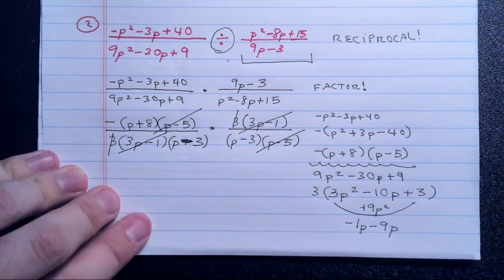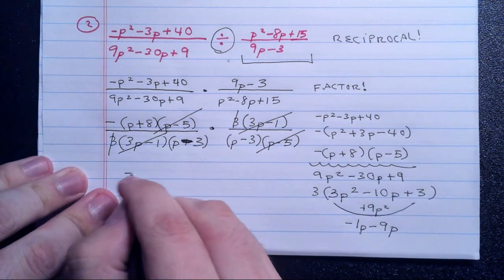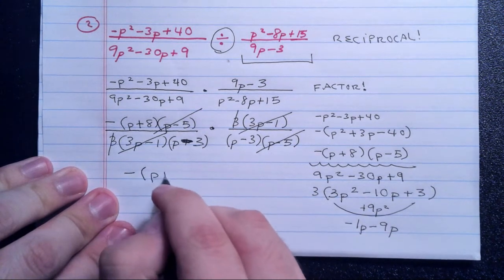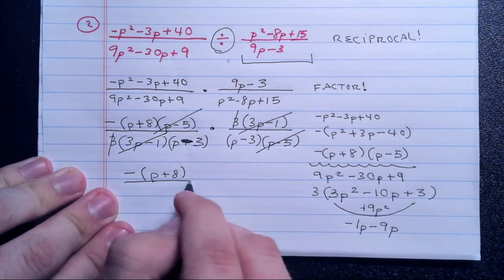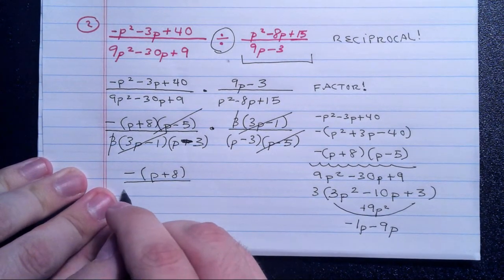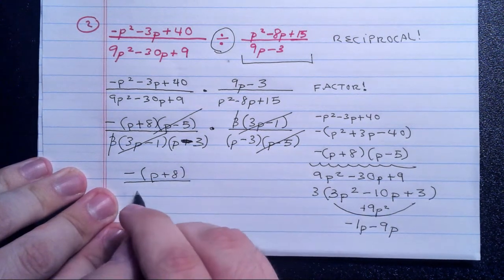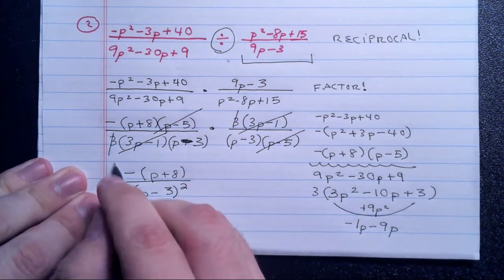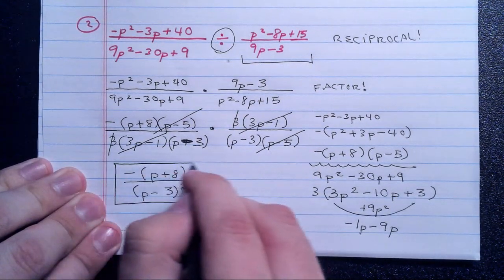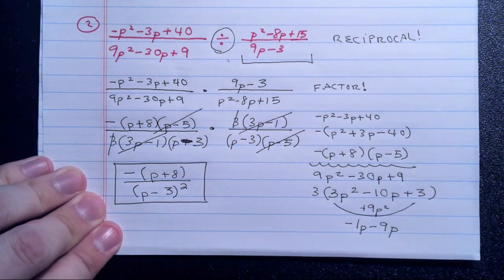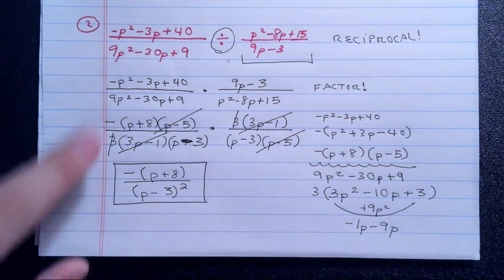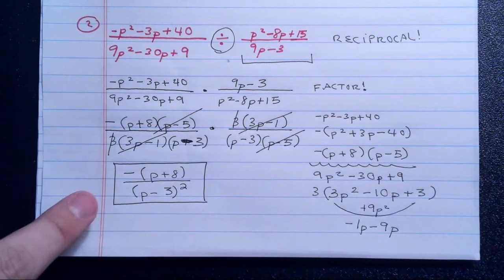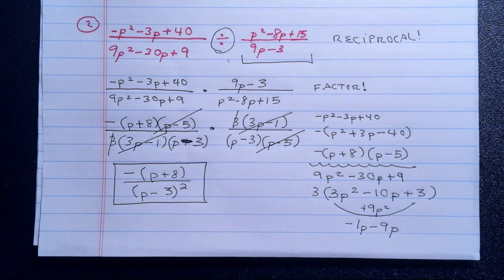Alright, so what does that leave me with? I've got negative p plus 8 in my numerator, and in my denominator I have p minus 3 times p minus 3, otherwise known as p minus 3 squared. And again, these two expressions are equivalent provided no denominator is equal to 0.